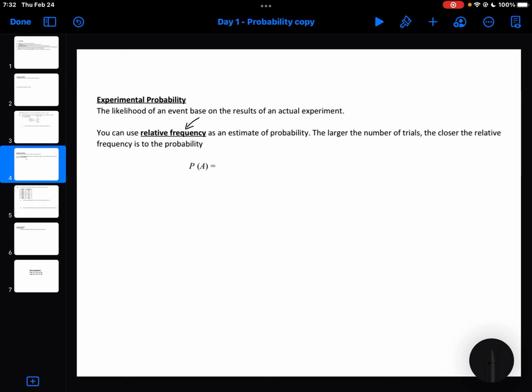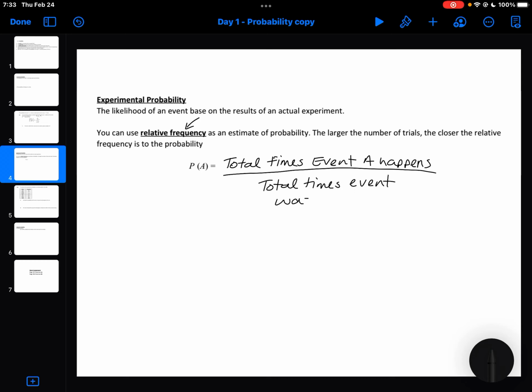In experimental probability, it's the same sort of approach, but we write it as the probability of event A is the total times event A happens over the total times the event was performed.